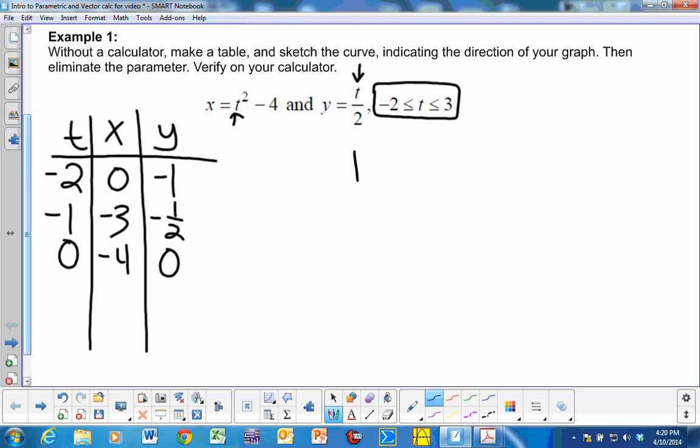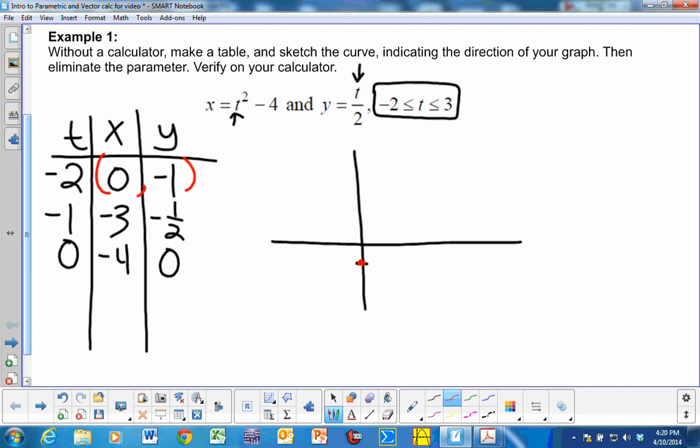So let's go ahead and start trying to make a little bit of a graph here. So my first point there is at t equals -2. So my starting point, x is 0. And y is -1. And you can even think of this like an ordered pair here. That's what I'm graphing. So I'm graphing 0, -1. So here at -1, I want to put a point at 0, -1.